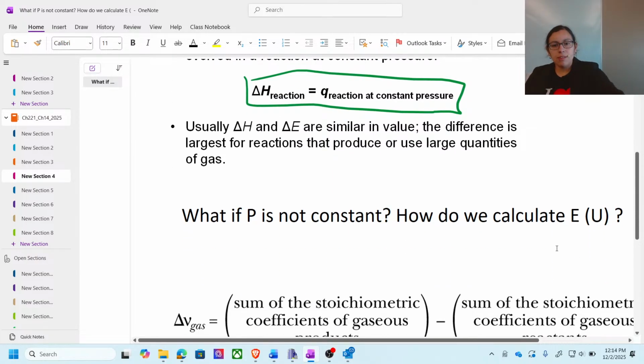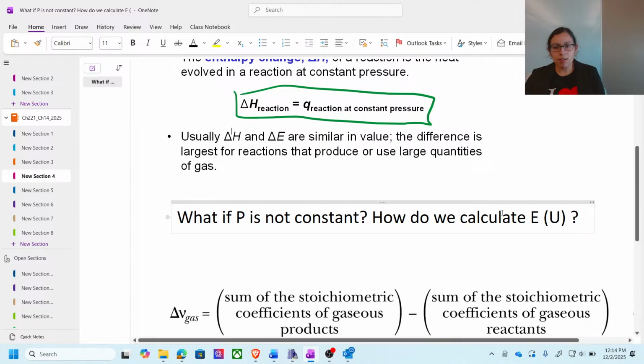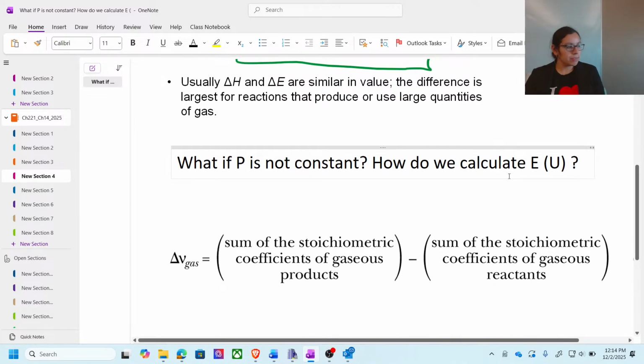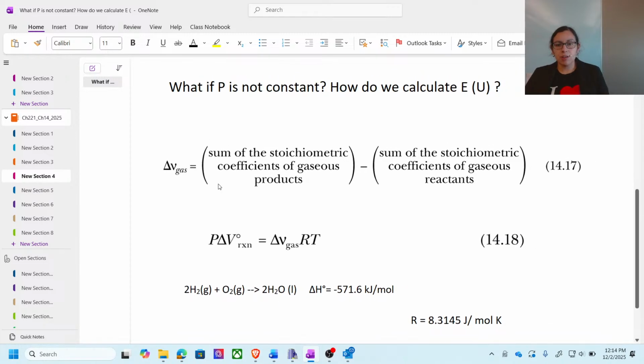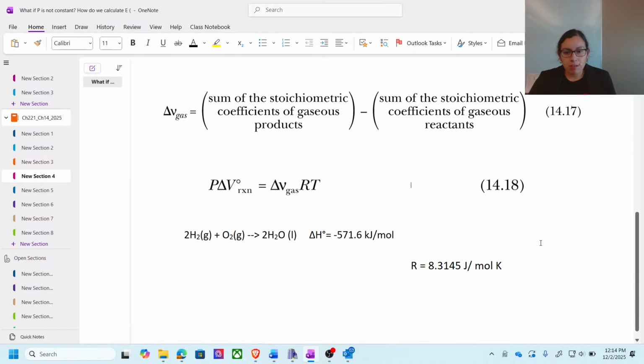But we should still understand how to calculate our internal energy. Like I said, I don't think we'll see too many of these calculations, but we should go through them. And like we'd mentioned, if we have a change in volume, then there's going to be some sort of work performed.